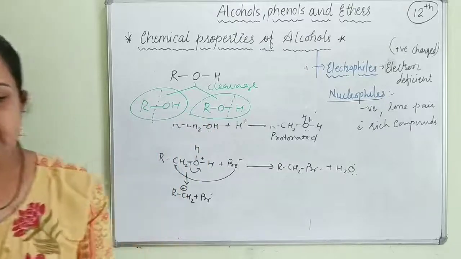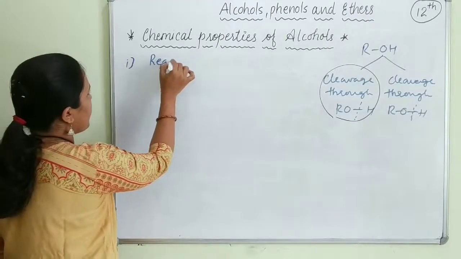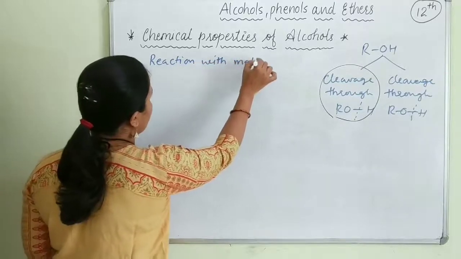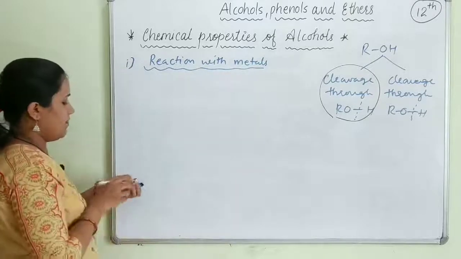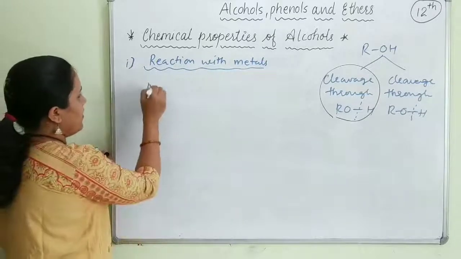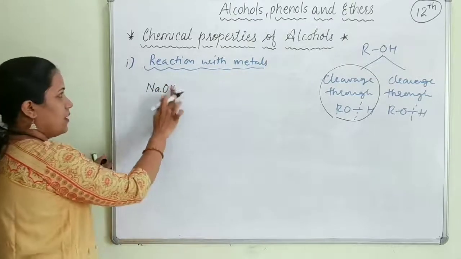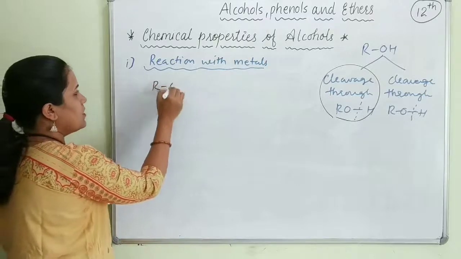Now students, let's see the next concept of cleavage. We will be studying how these react with metals. So, reaction with metals. Now let me give you one example of it. I'll be taking one alcohol, and that one is ROH.